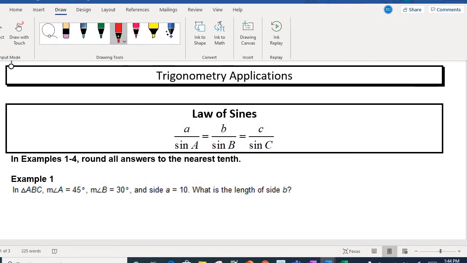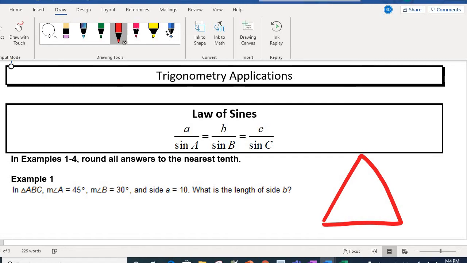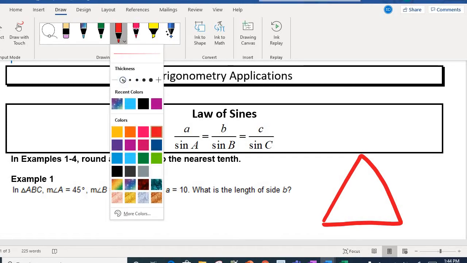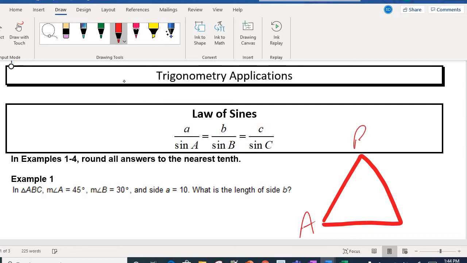First, to understand the parts that belong here, if we draw a triangle, I'll refer to it as triangle ABC. Notice that angles are typically written with capital letters, and the sides can be written with lowercase letters.